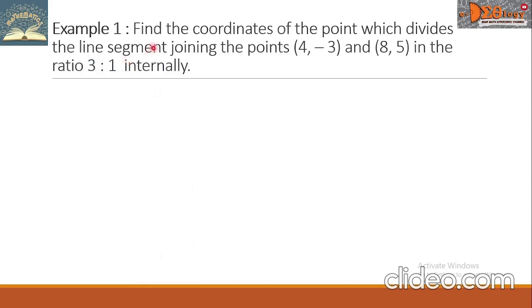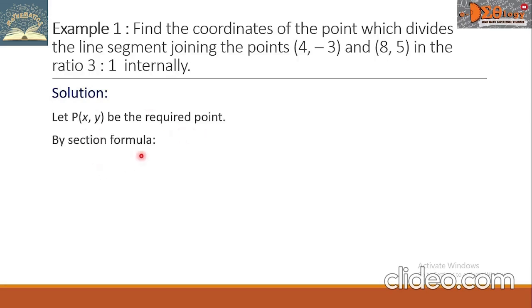Example 1. Find the coordinates of the point which divides the line segment joining the points 4, negative 3, and 8, 5 in the ratio 3:1 internally. Let P, x, y be the required point. By section formula, the x coordinate will be m sub 1 times x sub 2 plus m sub 2 times x sub 1 all over m sub 1 plus m sub 2.